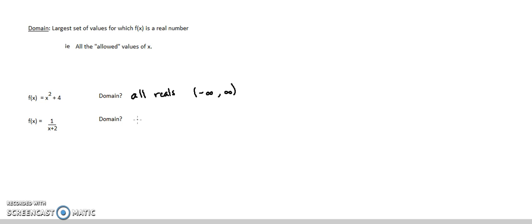So we say that the domain is x not equal to -2, meaning all reals except -2, or we can write that, all reals except -2. Or the way that the book writes it, they write it in set notation, and this curly bracket says the set of all x such that x is not equal to -2.